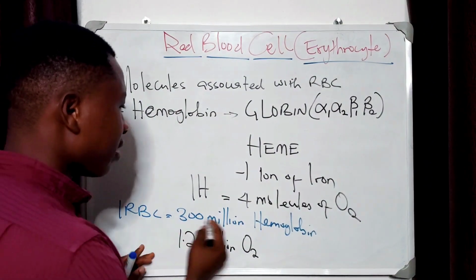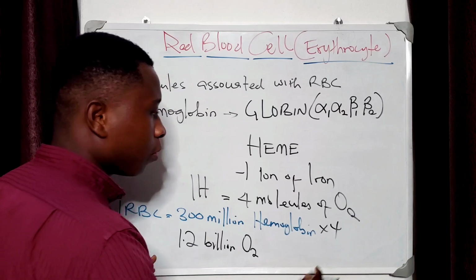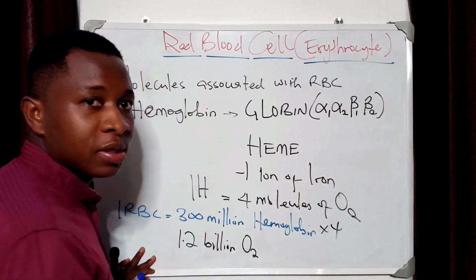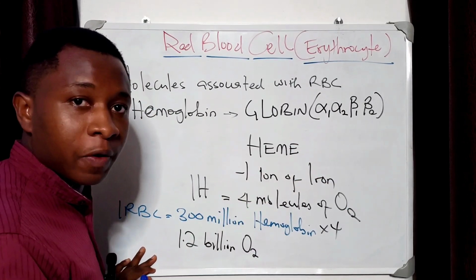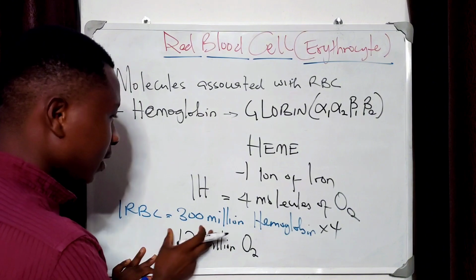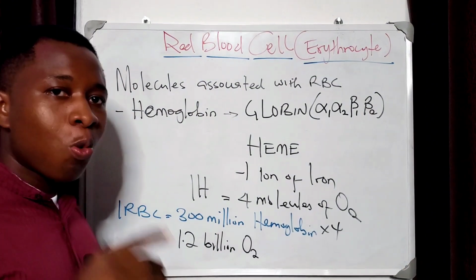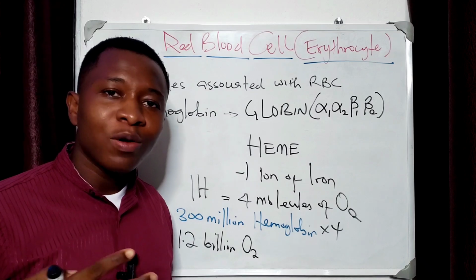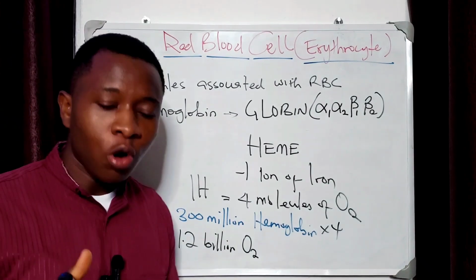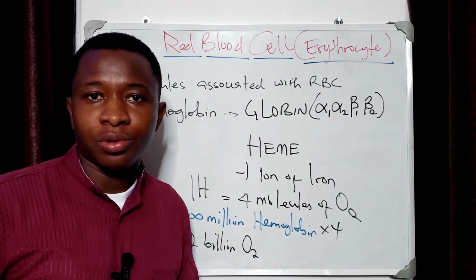So if you multiply 300 million times 4, which are the hemes, the red pigments, it's going to give you 1.2 billion. So one red blood cell carries about 1.2 billion oxygen molecules.